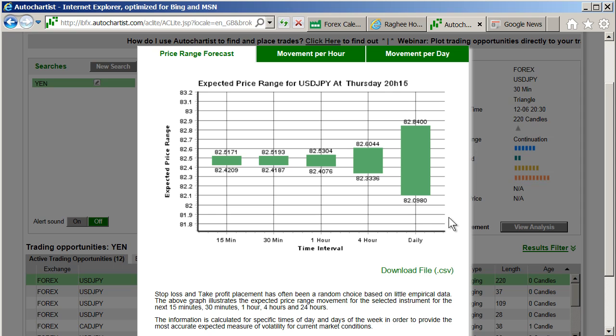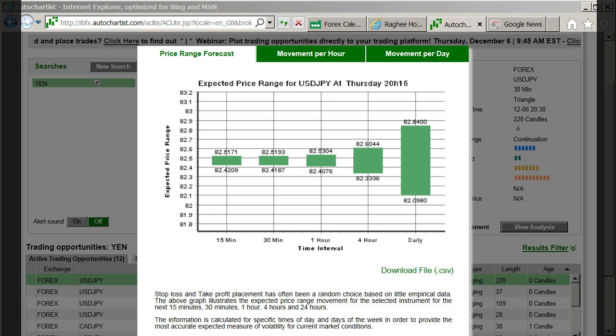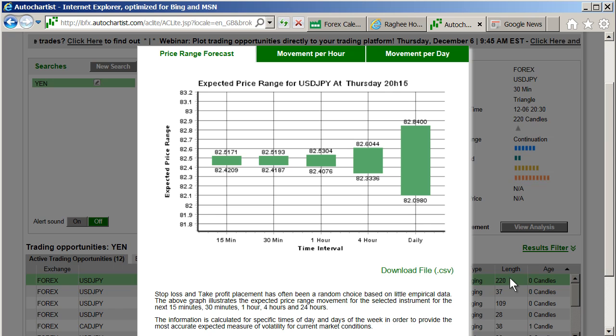So weaker euro spawned a big-time U.S. dollar index rally. But we are, with a 24-hour forecast, in the ballpark. So that is not completely out of expectation to see possibly the dollar yen correct down to 82.03. Again, these are just calculations from historical price movement ranges, giving us an approximation of where we could see prices travel to. Doesn't mean it's going to go to both ends of the spectrum.